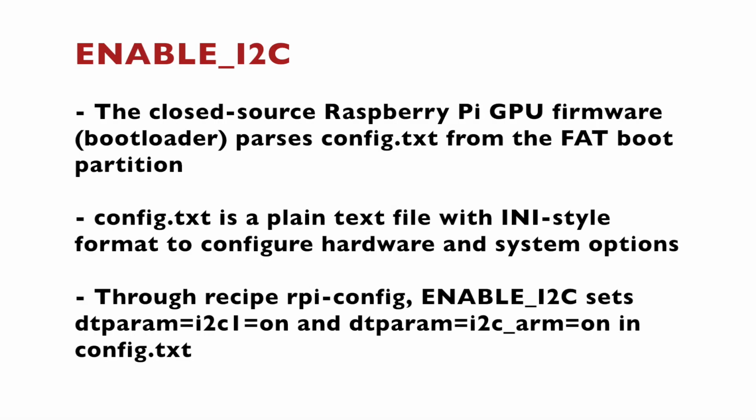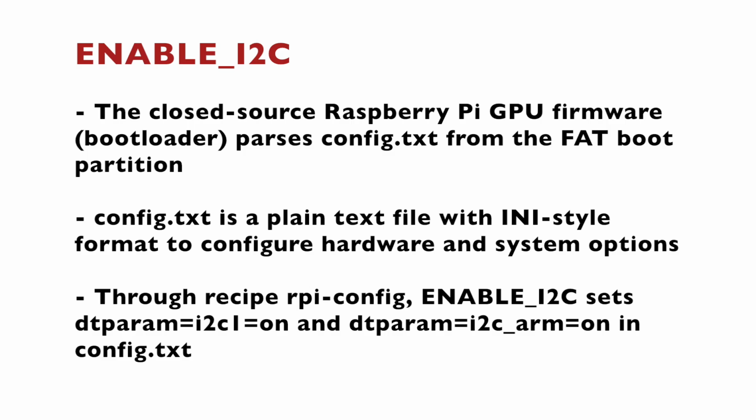From the software side, on Raspberry Pi, we have the closed-source Raspberry Pi GPU firmware, which acts as the first bootloader and parses a file called config.txt. This file is stored on the FAT boot partition. It is a plain text file with an INI-style format to configure hardware and system options. Think of it as the BIOS configuration on your laptop, but in this case for Raspberry Pi.